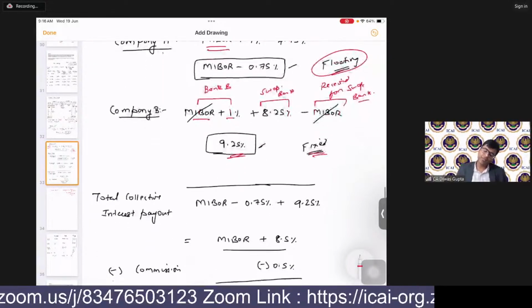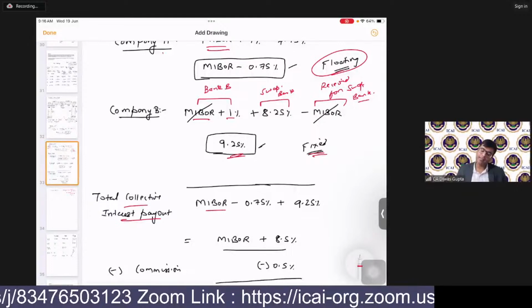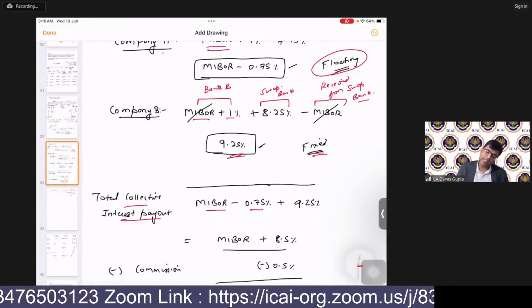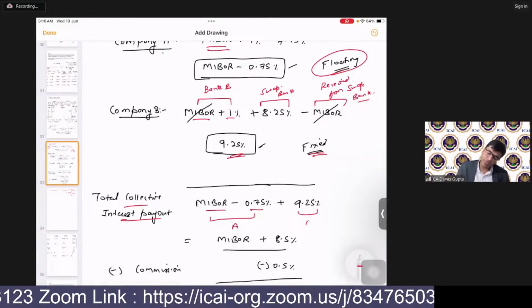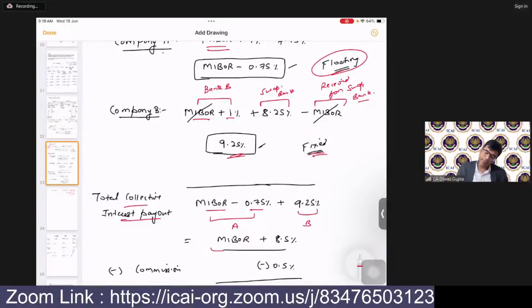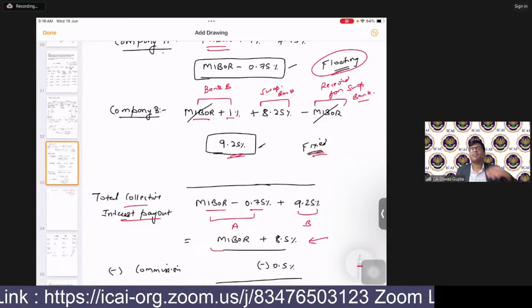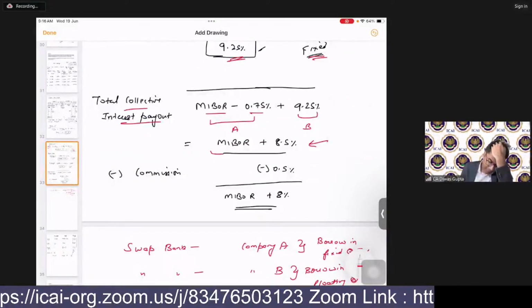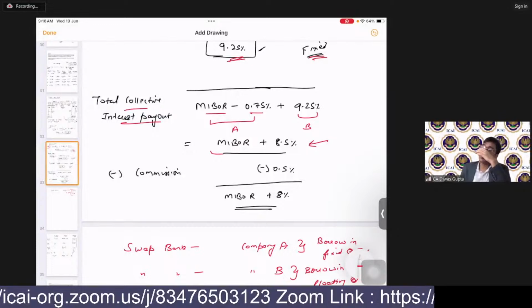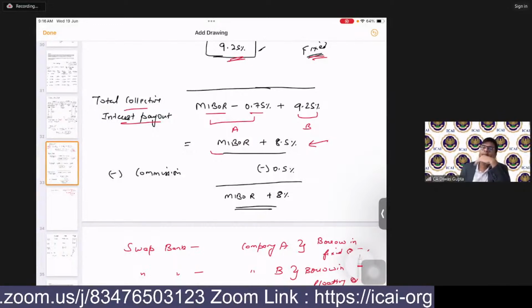Now, if you see students, total collective interest payout is MIBOR minus 0.75, which is A. And this is for B. So overall, it becomes MIBOR plus 8.5%. And in this now swap bank will say, I am not doing anything for charity, right?